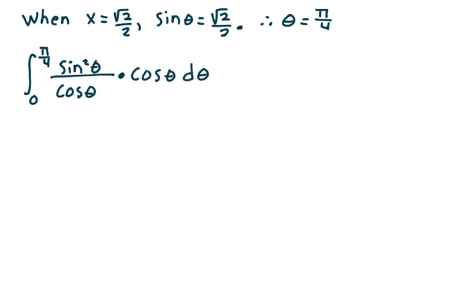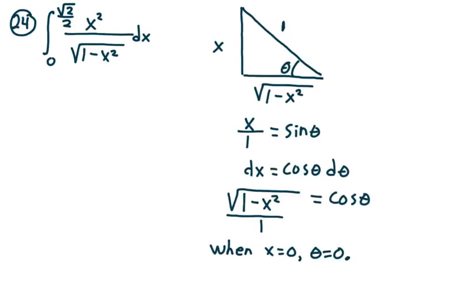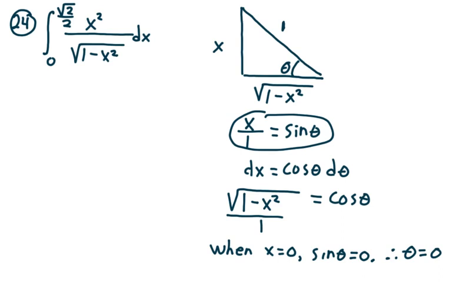Straight substitution, okay? And do you guys understand over here, when x is 0, theta is 0? Keep in mind, I'm saying sine of theta is 0. I'm making my substitution over here. And so, therefore, I'm asking sine of what is 0, and theta is going to equal 0.